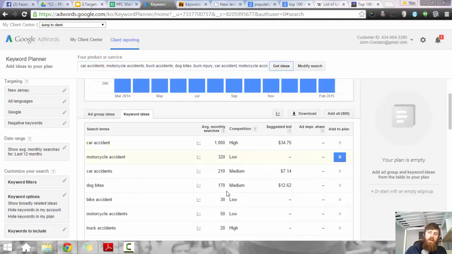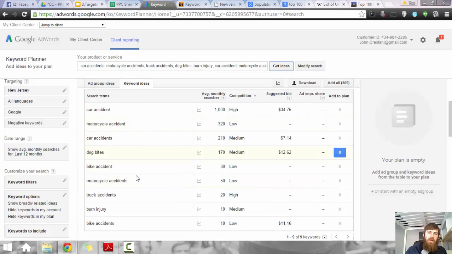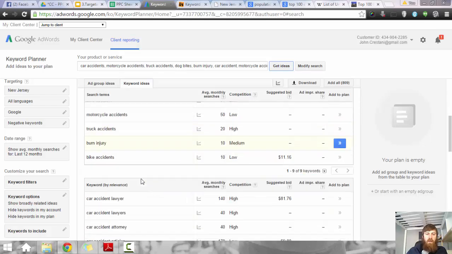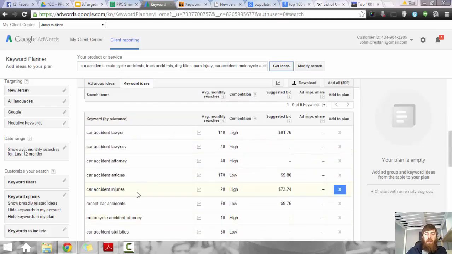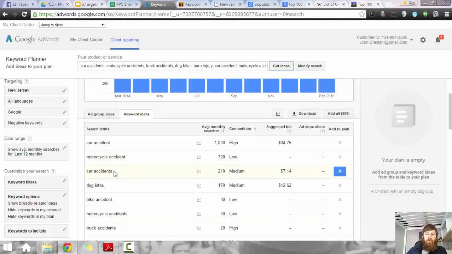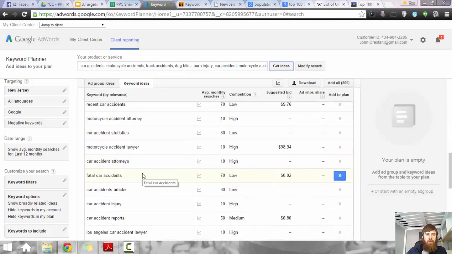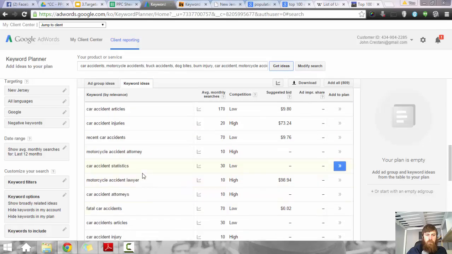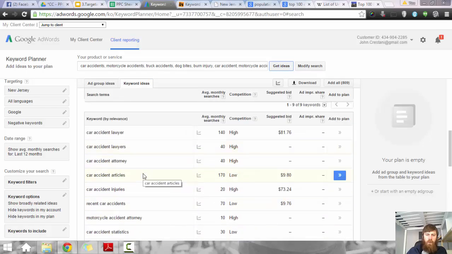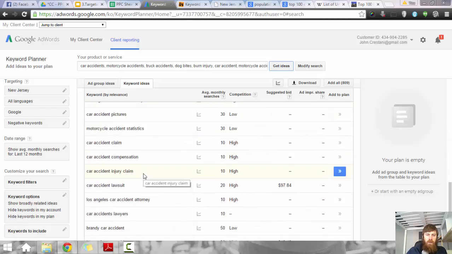So what I'm actually going to do is group a lot of these terms together. And maybe, based on the search volume for car accident, I might group a lot of them in a group together. So let's see what this is looking like.